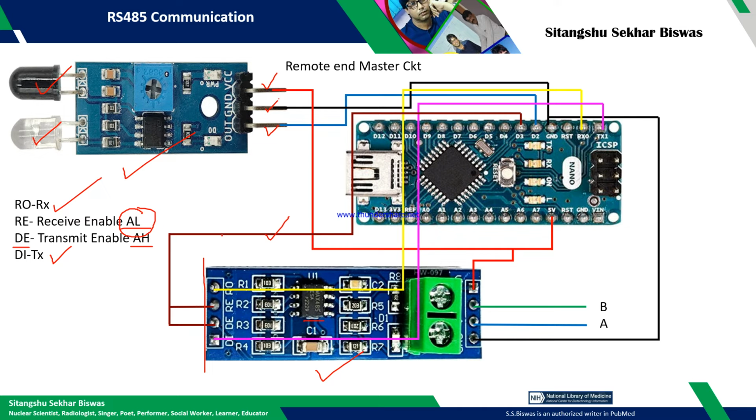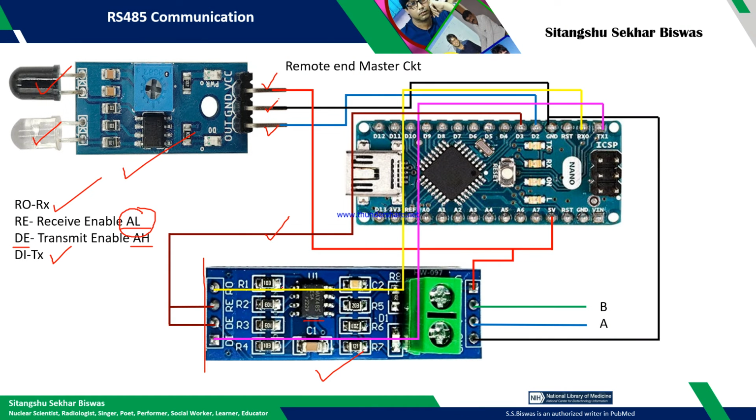Similarly, if I make this pin D3 low, then this device will act as a receiver, and this DE pin will go low, so it will not transmit anything. So for that purpose I shorted these two pins. Otherwise you can also connect the pins individually, but here at a time we want either to receive or transmit, so that's why I shorted them and connected to a control pin.